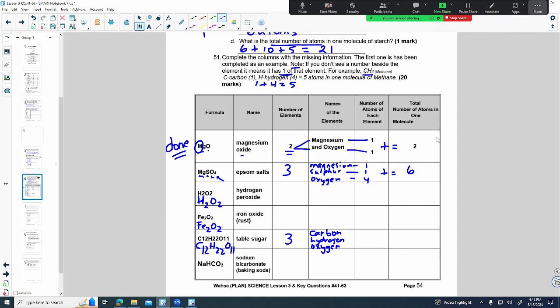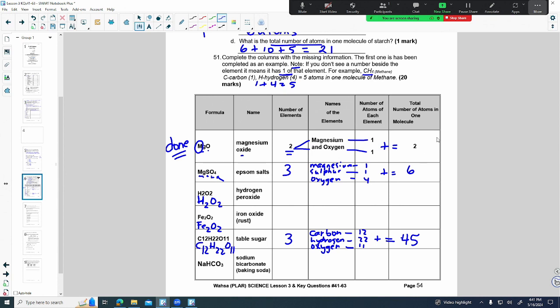The subscript beside carbon is 12, so 12 carbon. There are 22 atoms of hydrogen in table sugar, and there are 11 atoms of oxygen in there. So simply add 12 plus 22 plus 11. That gives you a total of 45.